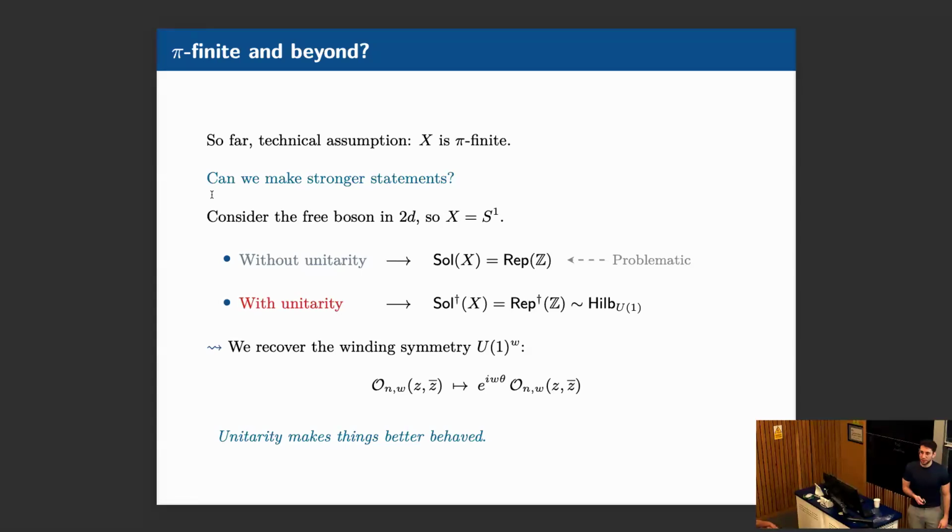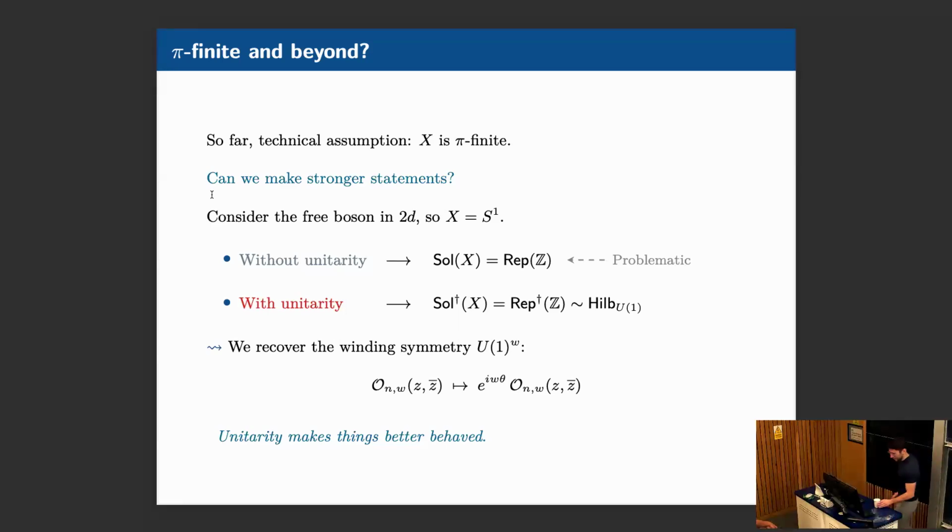And this is quite a restrictive hypothesis if you're a physicist, because a lot of times you want to talk about something which does not have finite homotopy groups. The easiest example you can think of is, say, the free boson in 2 dimensions with target S1. Now, S1 is, as you know, has pi 1 equal to Z, so it's not really a pi-finite space.